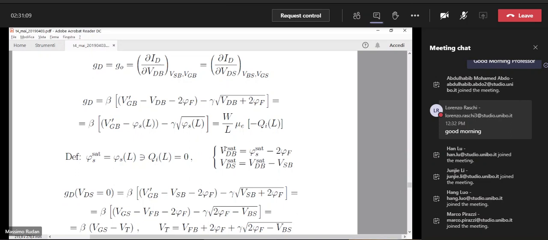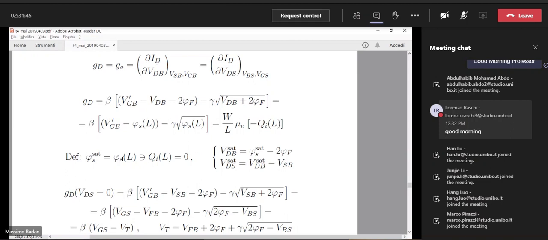If we instead want the saturation voltage at the drain with respect to the source, we simply subtract VSB and we define VDS of saturation with this formula. Okay, so from the output conductance, we have derived a useful concept, that is the concept of saturation of the MOSFET.